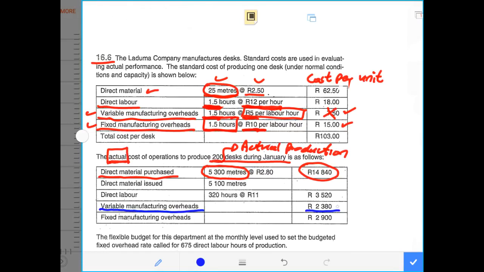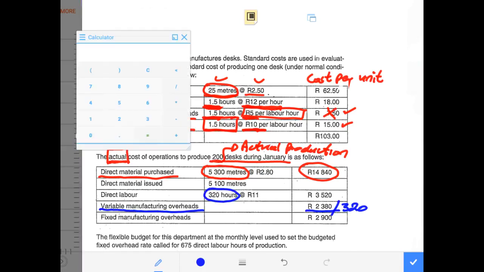That means we take the actual cost and divide this by the total actual labor hours, and our total actual labor hours is 320. This is the number of hours it took to complete the 200 units. Therefore we say 2,380 rands, and we divide this by 320.